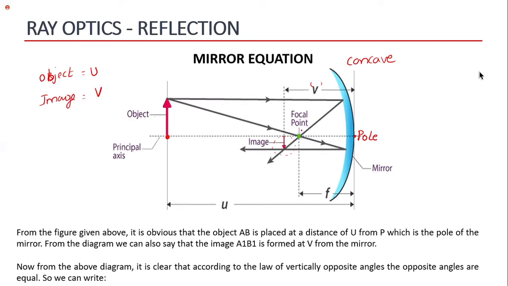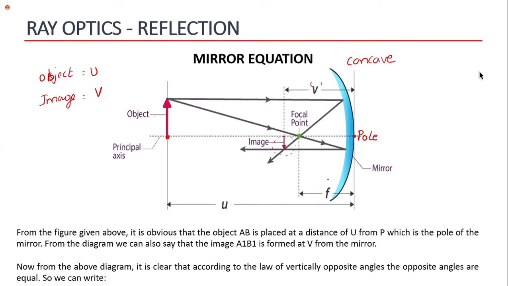The distance from your focal point to your pole is your focal length, right? Now I need the relation between u, v and f. Clear? Shall we do it?